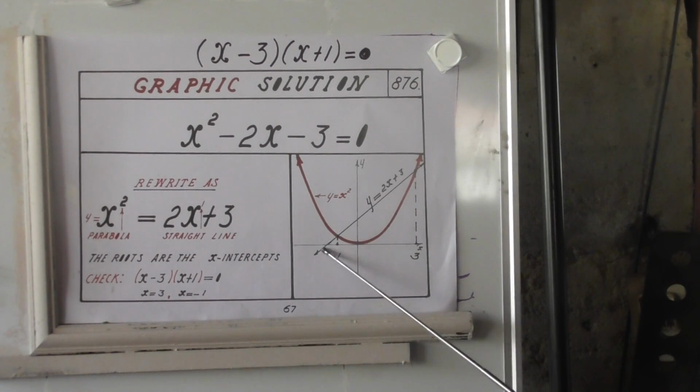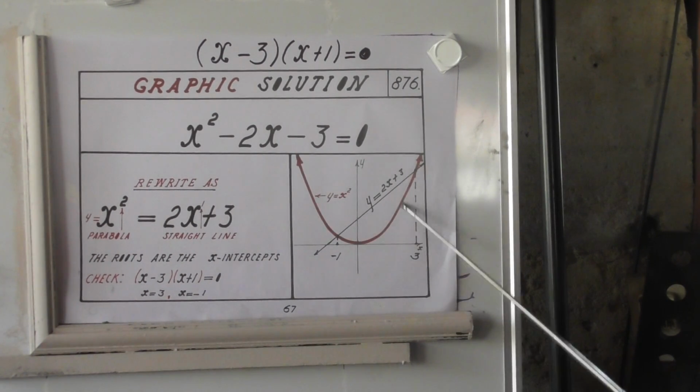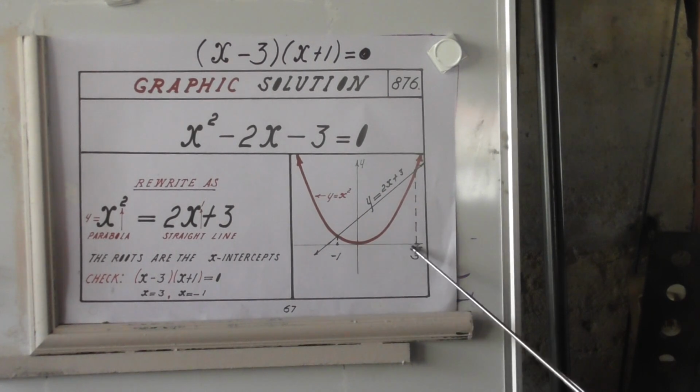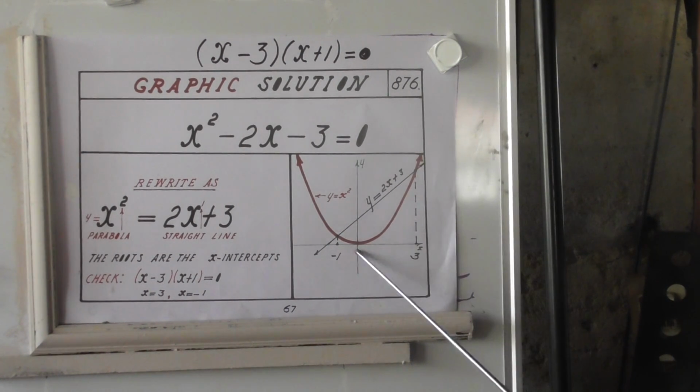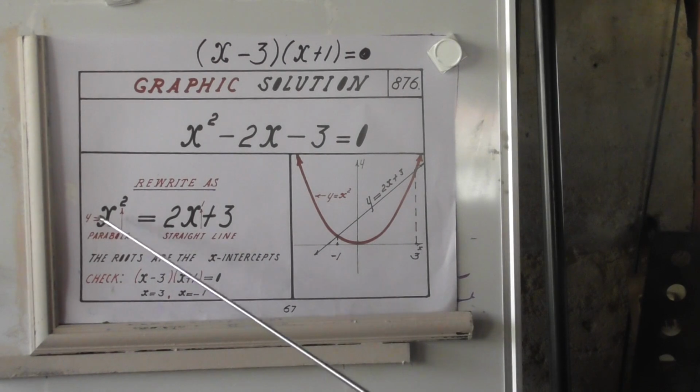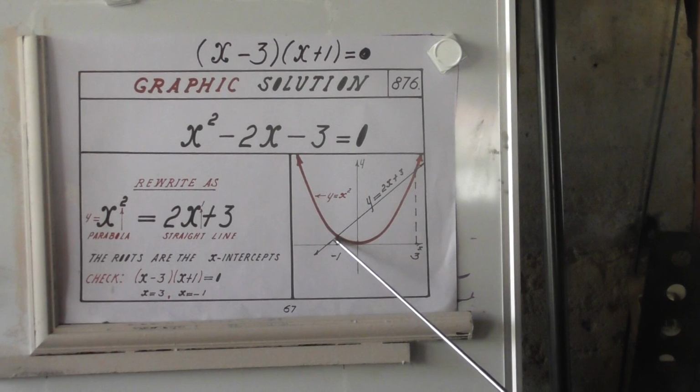And so where the line meets the parabola, negative 1 and 3. Negative 1 and 3. This is amazing. Graphic solution. In the next lesson we are going to do this, y is x squared, and we're talking about the parabola.